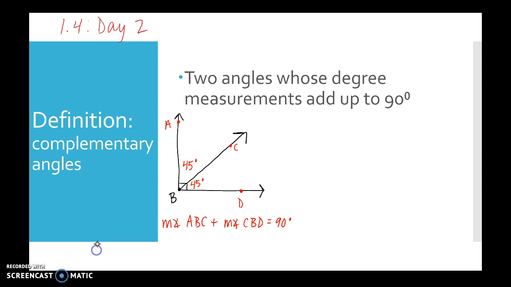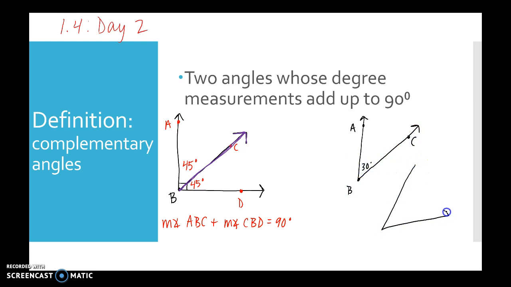So recall, when two angles share a common ray, these angles are adjacent. Okay, they have that ray in common. Complementary angles do not need to be adjacent though. So I can have this angle ABC, and we'll give that 30 degrees.